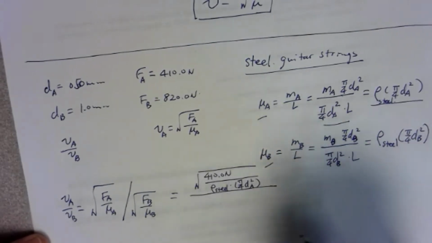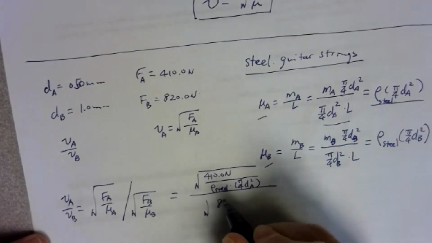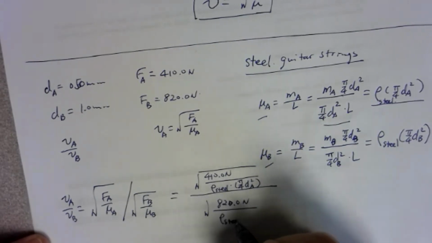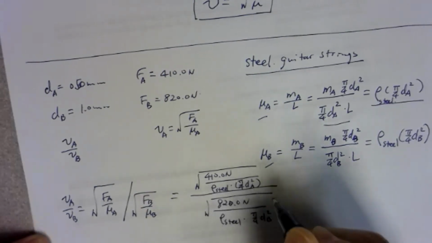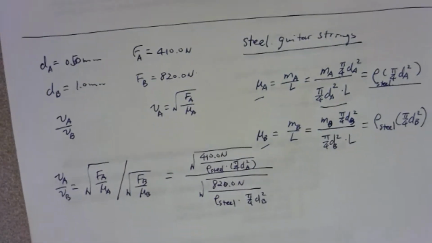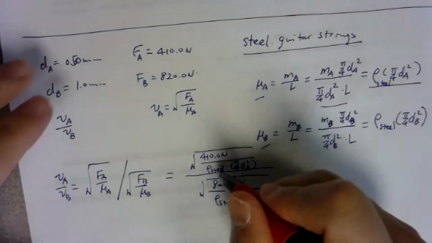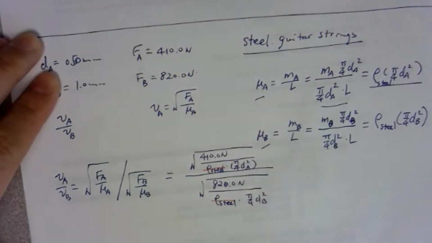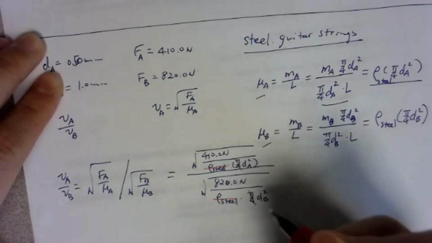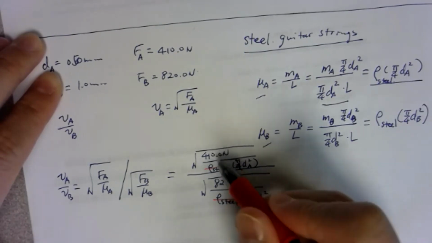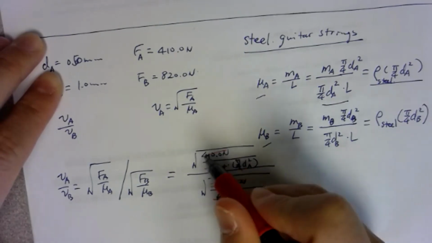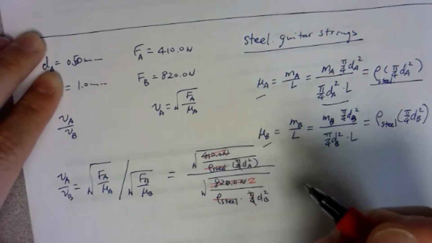Okay, so this is what we have on the top. At the bottom, we should have 820 newtons over rho steel times pi over 4 dB squared. Okay, all right. So then look at this. There should be some cancellations, right? Steel will cancel. Pi over 4 and pi over 4 cancel, right? 410, 820. So this is twice that. So I have 2 here, but 1 on top.